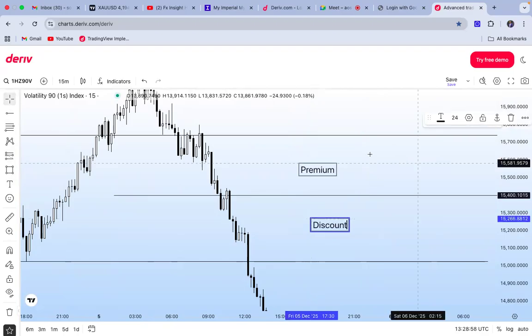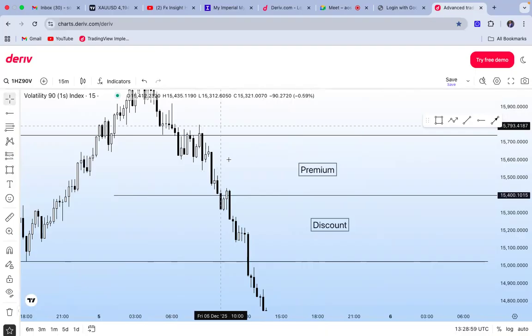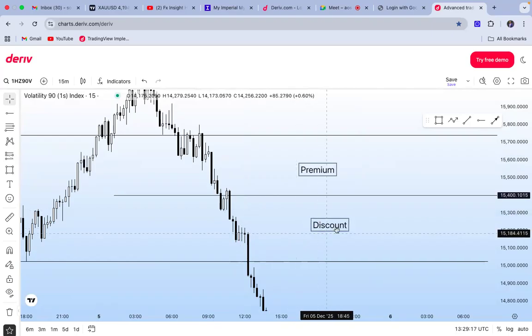So he's saying that when you meet the market within the premium zone, then you can take it. Here, the likelihood of you winning the trade is very high. However, if you meet it in the discount zone, it is almost done hitting the low, so the chances of you winning have reduced.